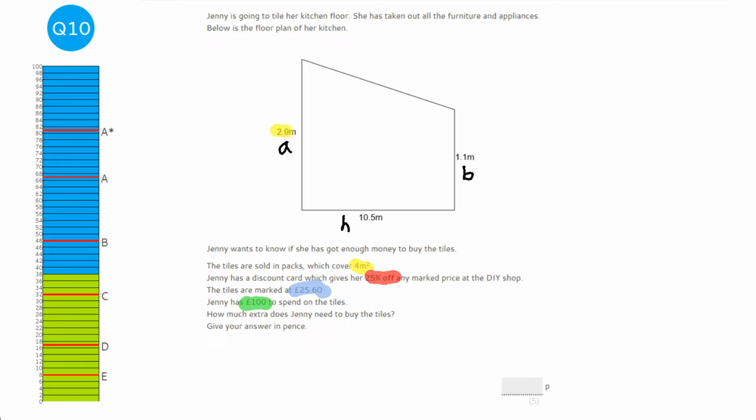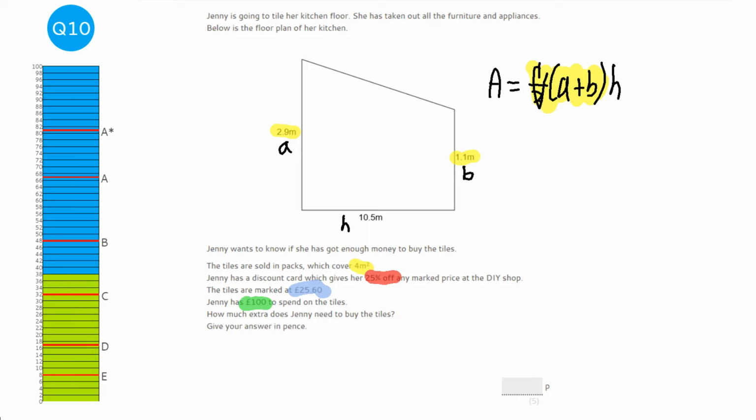So we'll first of all look at A and B. The first thing you do with the trapezium, we can write down the formula. Area equals half A plus B times H. This bit here is basically working out the average of A and B. So we can do that in two ways.